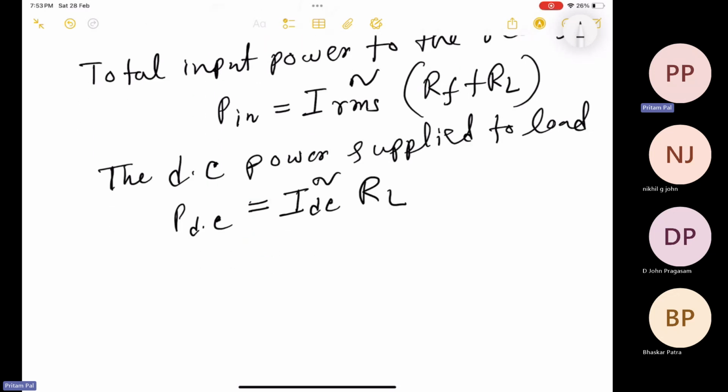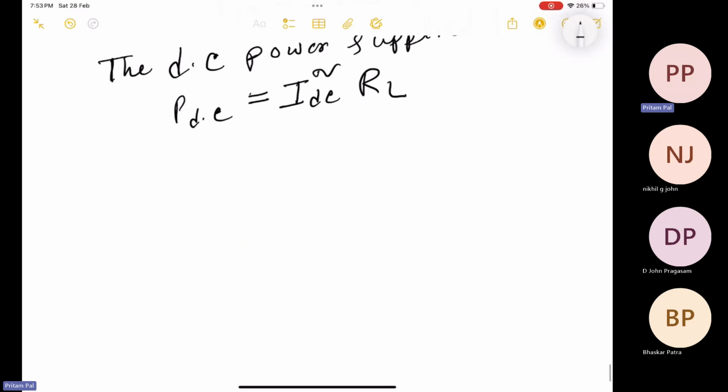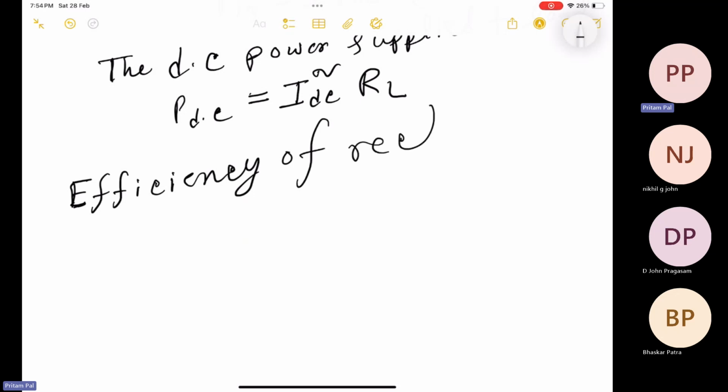There is a quantity of interest for this rectification purpose called the efficiency of rectification: how efficiently it can rectify an AC signal. The efficiency of the rectifier is denoted as eta.